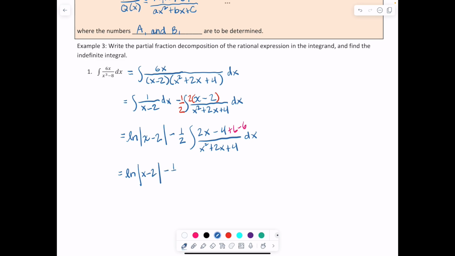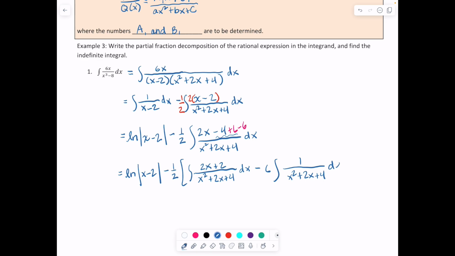So we'll have minus 1/2 times the integral of 2x plus 2, so the negative 4 plus 6 part, over x squared plus 2x plus 4 with respect to x. And then I'm going to end up getting minus 6 times the integral of 1 over x squared plus 2x plus 4 with respect to x.